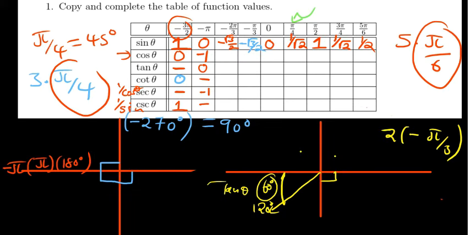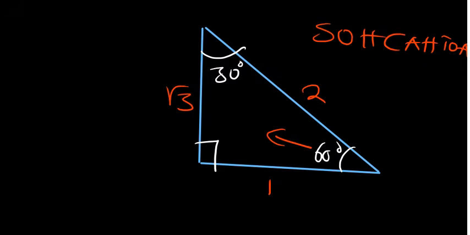So cosine of 60 from the first quadrant, we know that it's 1 over 2 if you got the special triangle. Cosine 60 is, the adjacent is a 1, the hypotenuse is a 2.